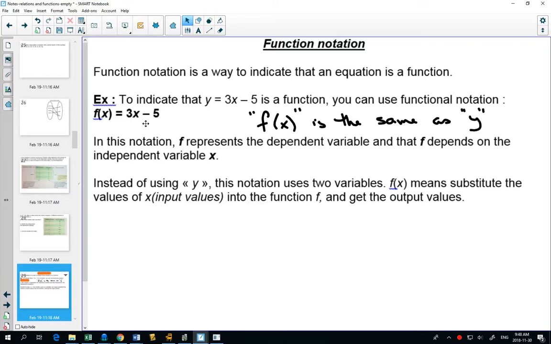So f of x is saying that it's a function, it depends on the value of x. We're just learning a new notation, but the easiest way to think about it is that f of x is just another way of writing y. So instead of using y, this uses two variables, f of x, and it means the same thing as y.